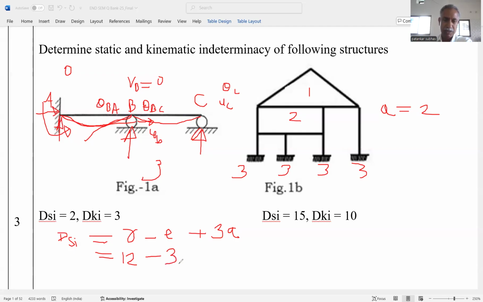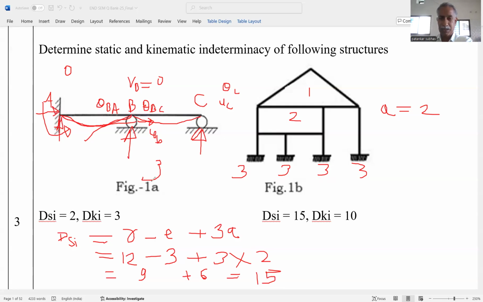So 12 minus 3, it is 9. Externally 9, and internally 3 multiplied by closed areas, which are 2. So 3 multiplied by 2, it is 6. So plus 6. Therefore, its value is 15. So DSi external plus internal is equal to 15. So this is the static redundancy.